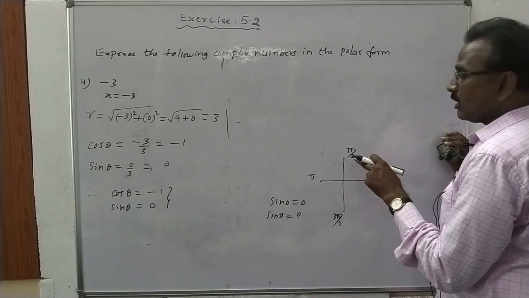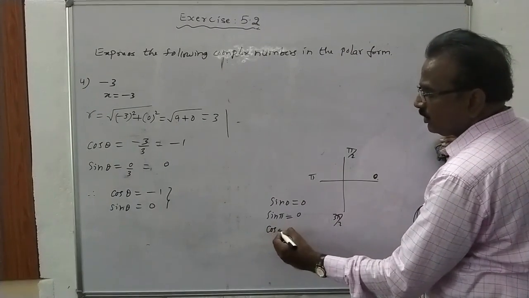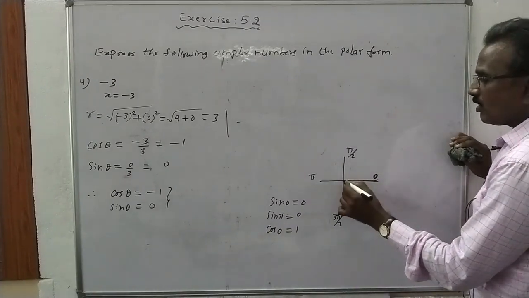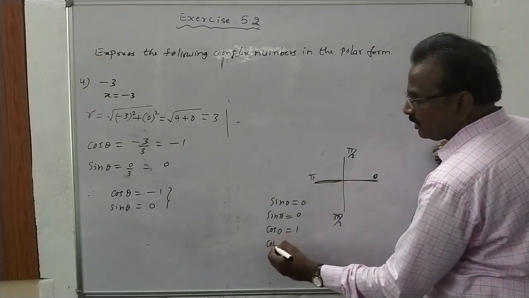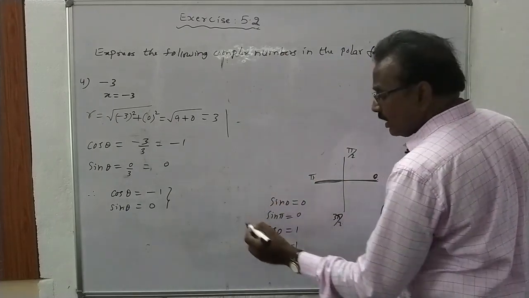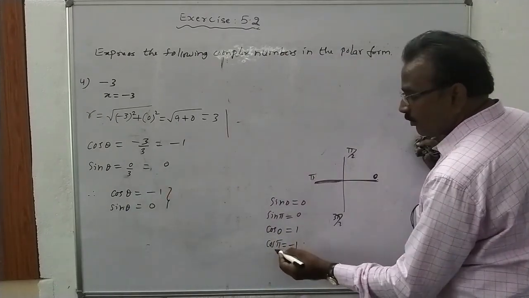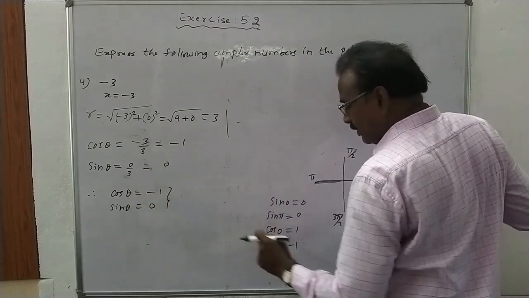Next, cos 0 is equal to 1, cos 0 lies on the positive x-axis, cos 180 degrees lies on the negative x-axis, cos pi value is minus 1. So therefore here cos theta is equal to minus 1, theta value may be pi only. Cos 180 degrees is equal to minus 1, theta must be pi only.